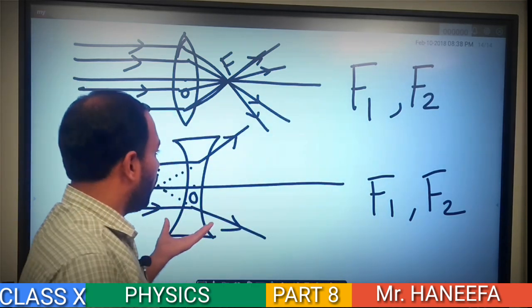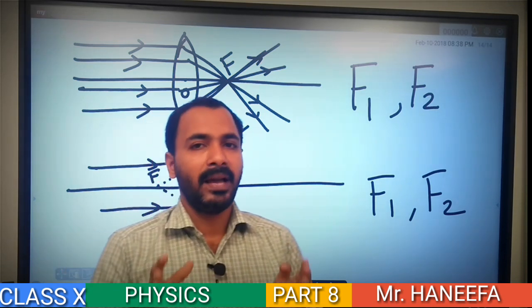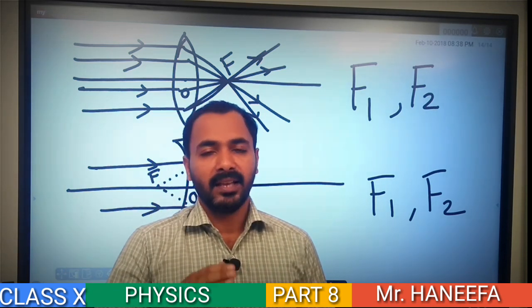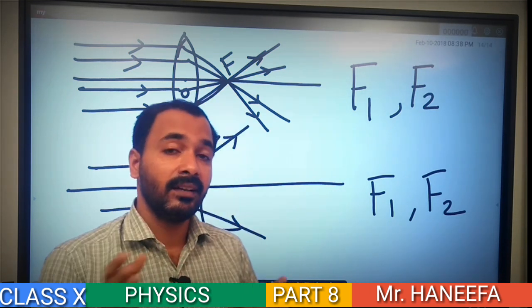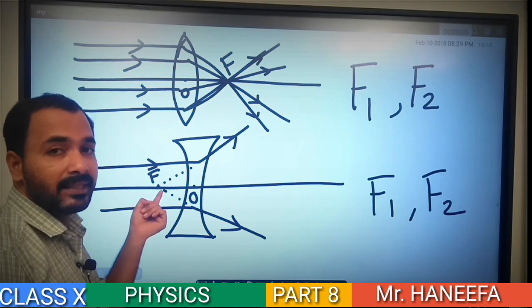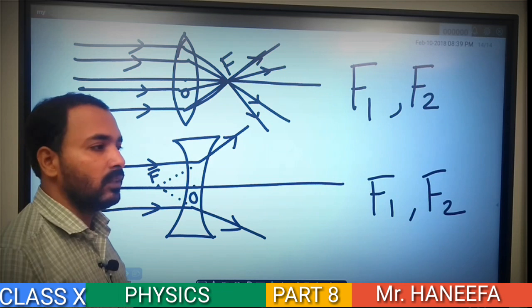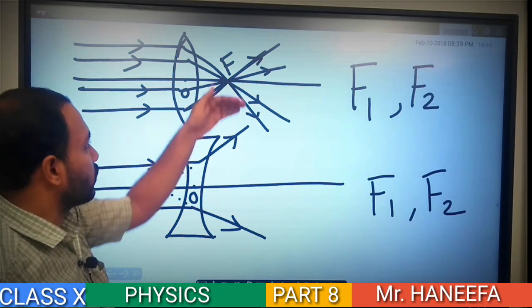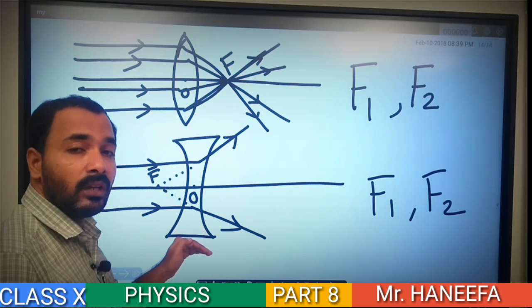So what is the focus of a concave lens? The rays parallel to the principal axis, after refraction, all refracted rays are diverging from a point on the principal axis. This point on the principal axis is called focus. So here is real focus, here is virtual focus.